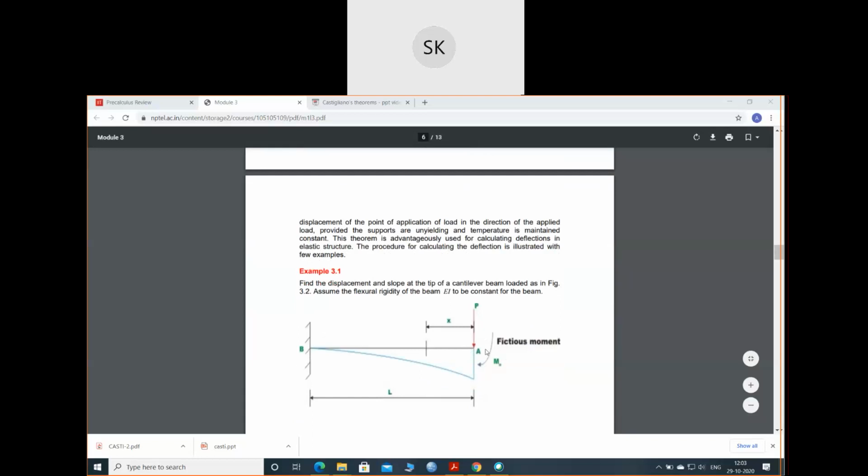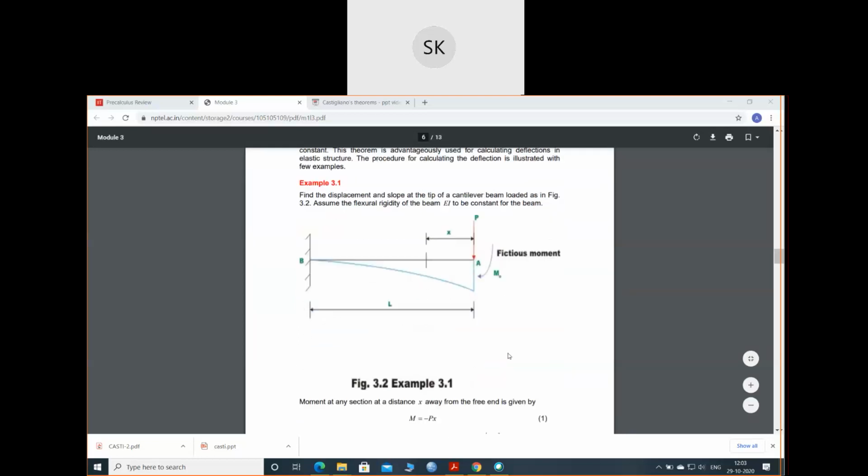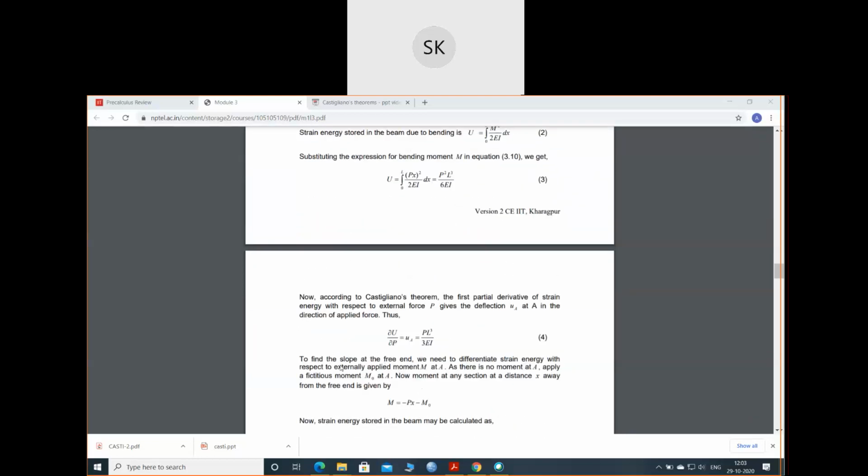There will be no moment at the free end. So I am applying a fictitious moment M naught, because to find the slope, I need M naught. So read this line. To find the slope at the free end, we need to differentiate strain energy with respect to the externally applied moment at A. And we know at A there is no moment, so we'll apply a fictitious moment of M naught at A.